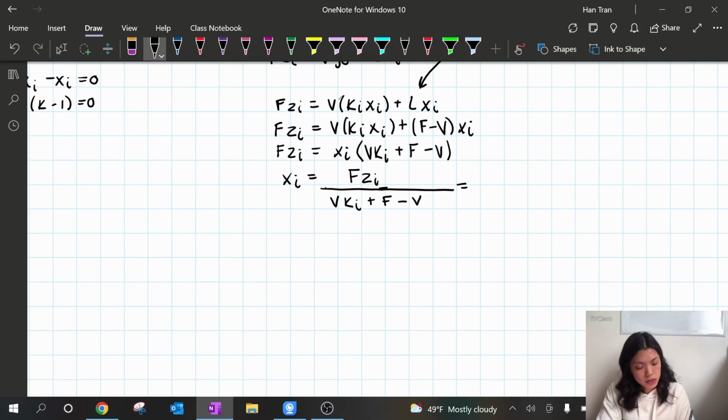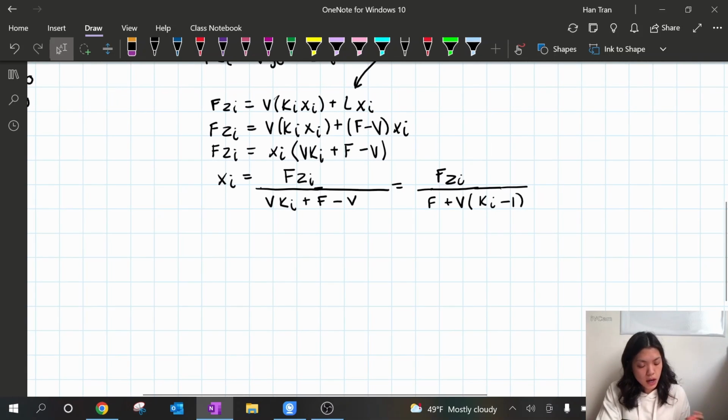So we can distribute out the vapor, so that's going to give us the feed times the mole fraction of component I of the feed over the feed plus the vapor times the quantity of the ratio minus 1.